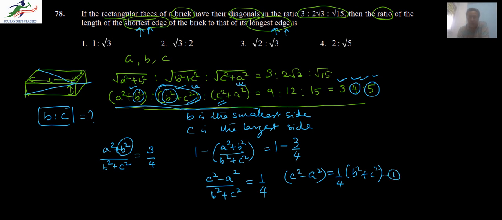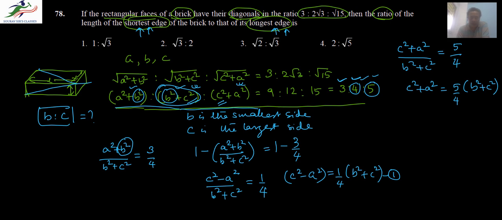The second equation: I will take the ratio of the third and the second terms, which is C square plus A square over B square plus C square is equal to 5 by 4, or I can write C square plus A square is equal to 5 by 4 into B square plus C square.